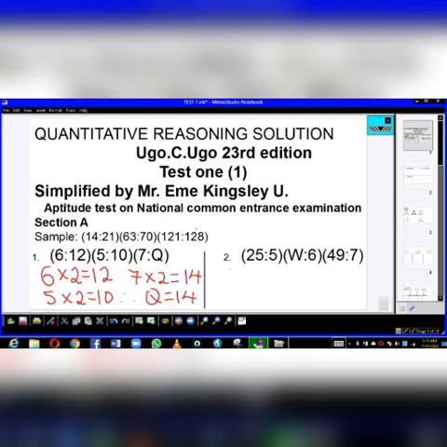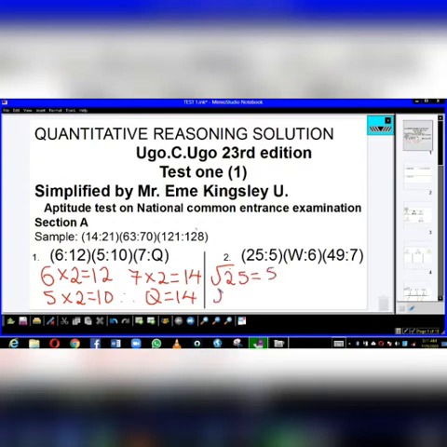In number 2, here we are not going to multiply, rather we find the square root of each and every first number given in the bracket. That is, we are to find the square root of 25. That will give us 5.